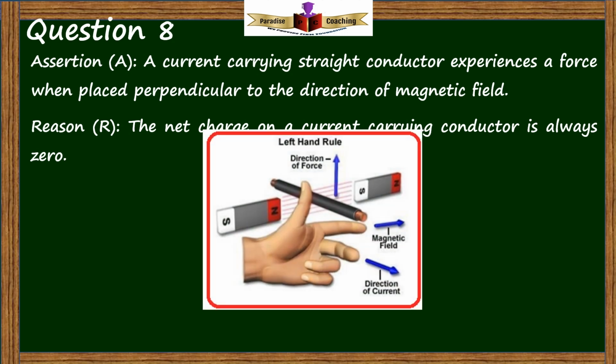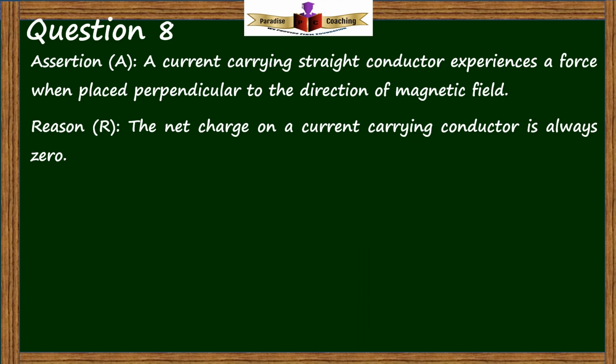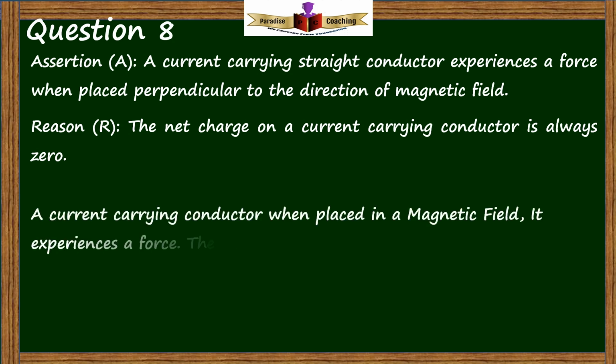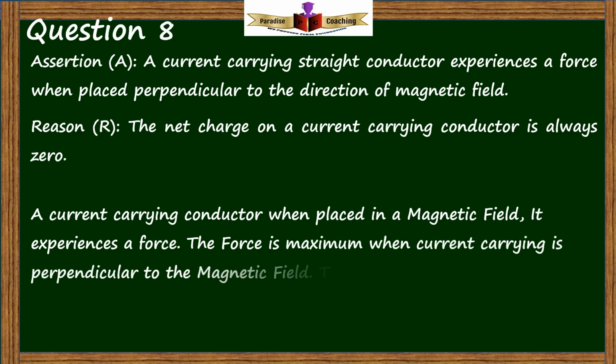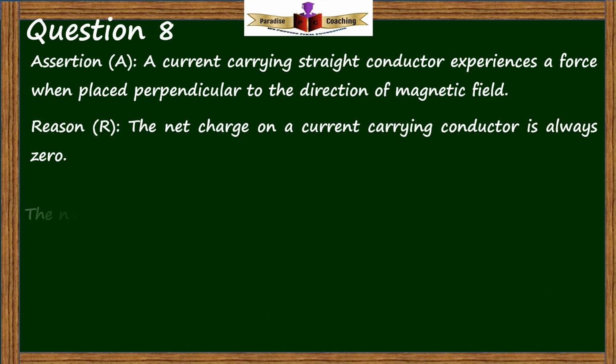Recall, a current-carrying conductor, when placed in a magnetic field, experiences a force. The direction of force is determined with the help of Fleming's left-hand rule. The force is maximum when the current is perpendicular to the magnetic field. Therefore, the assertion is true.